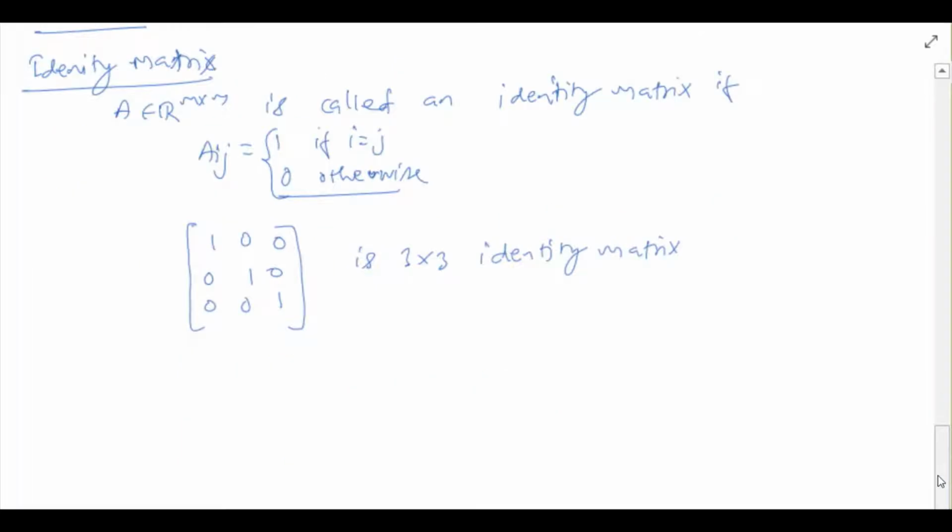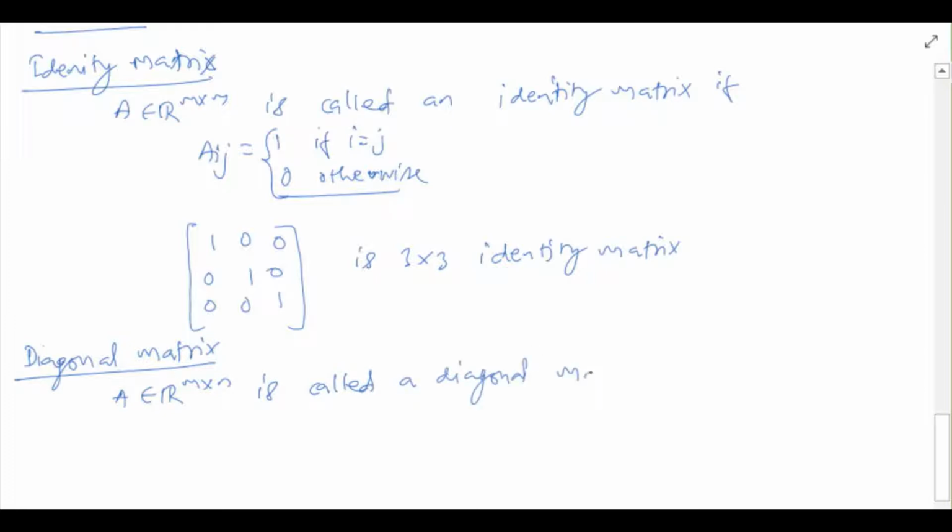Next we will look at what we call diagonal matrices. A matrix A is called a diagonal matrix if all its off diagonal entries are 0. So a matrix A, which is an m cross n matrix, is called a diagonal matrix if Aij is 0 for all i not equal to j.